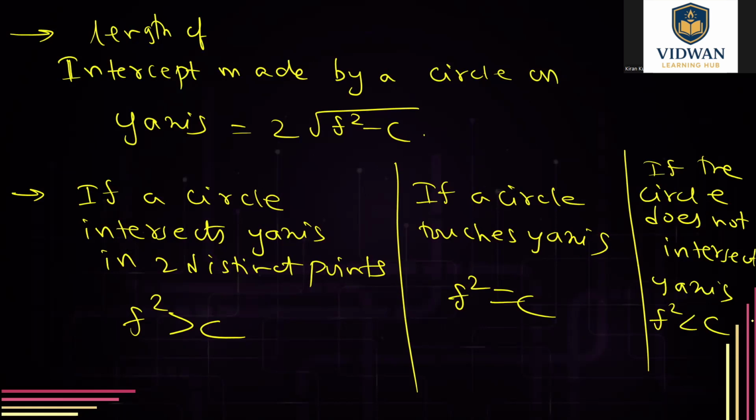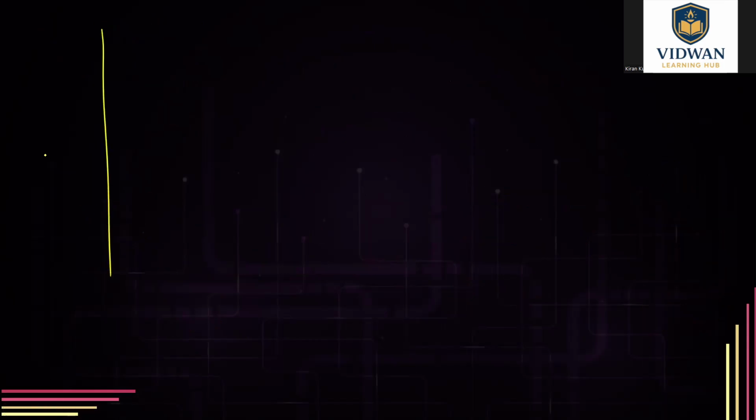So even though we wrote for x and y separately, sometimes the circle can cut both the axes also. Sometimes it may not cut both the axes. So the possibilities could be: the circle may cut the x-axis, not cut the y-axis.